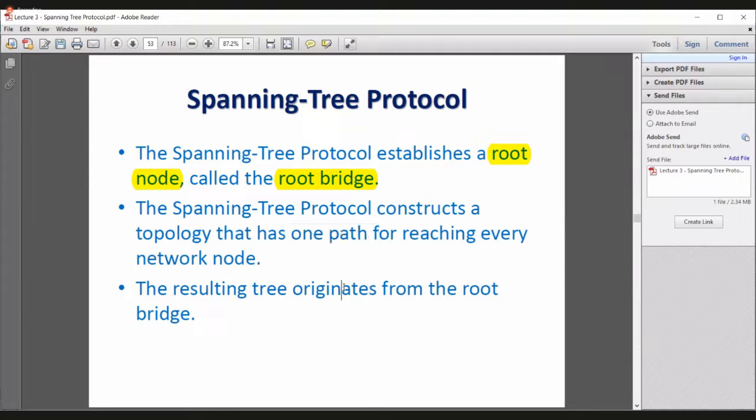The resulting tree originates from the root bridge. So eventually, the final established tree is introduced with the root bridge. We just say root. It originated from the root bridge.